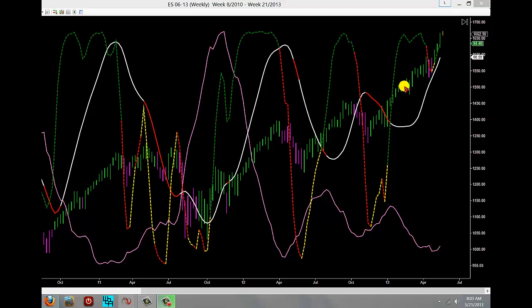You can see how narrow some of these weekly bars are right in through here. Very narrow weekly range on this strong up move.